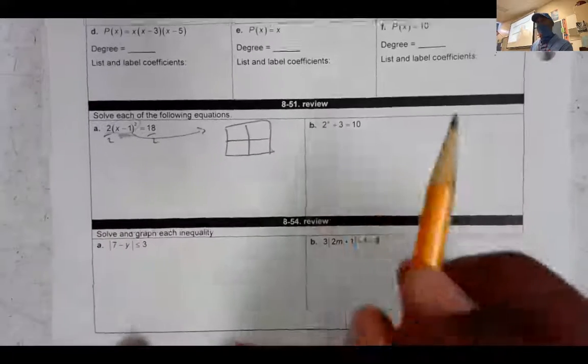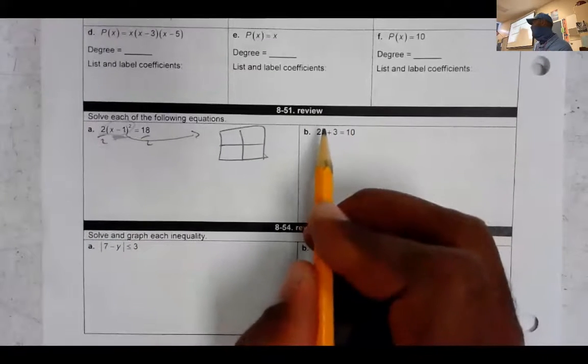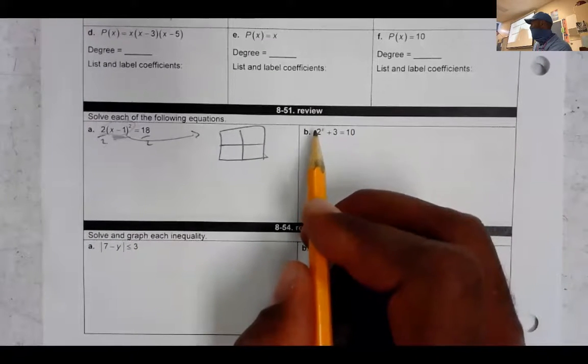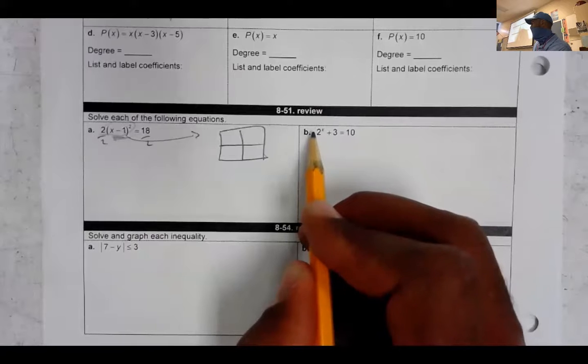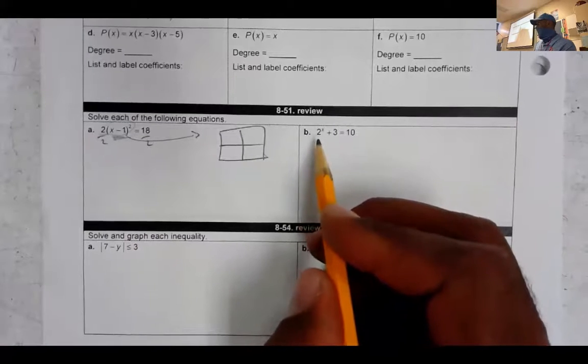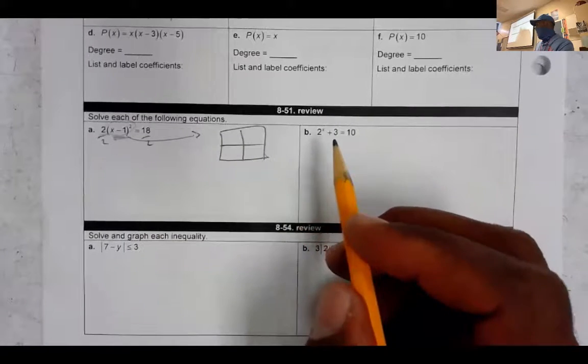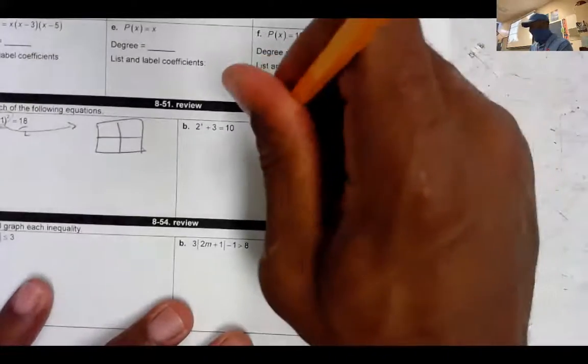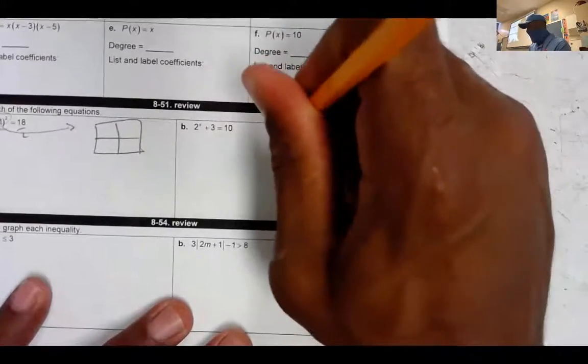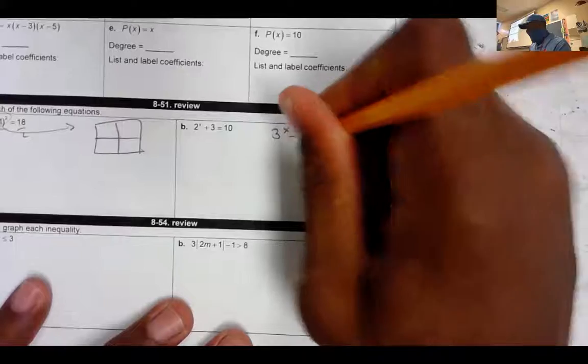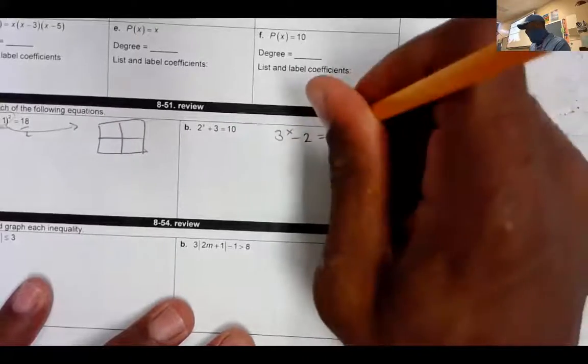Now, if you guys remember the last couple of days, we were talking about logs and exponentials. That's an exponential. So in order to solve it, we got to go back the other way. Okay, so as an example, I'll give you guys an example that's not this one. Let's say I have 3 to the x minus 2 equals 7.